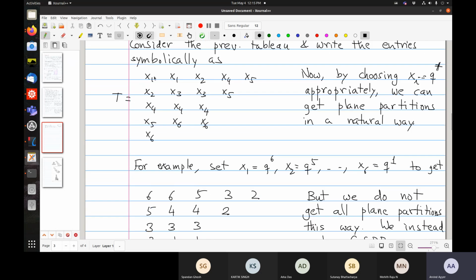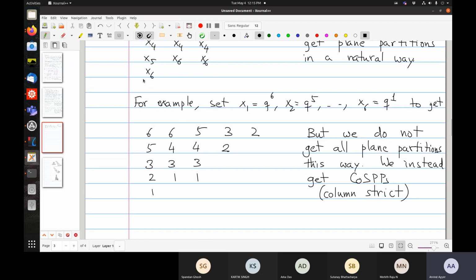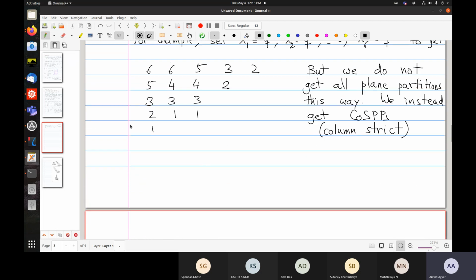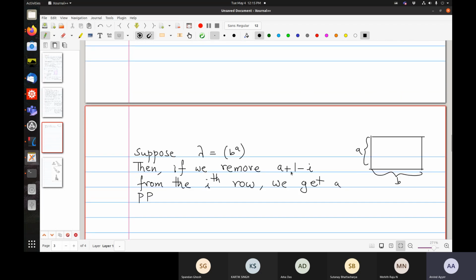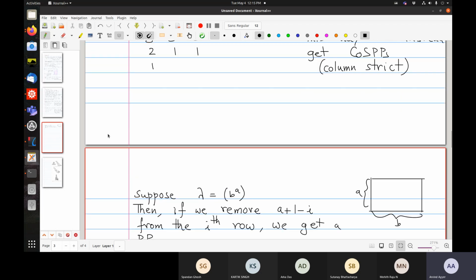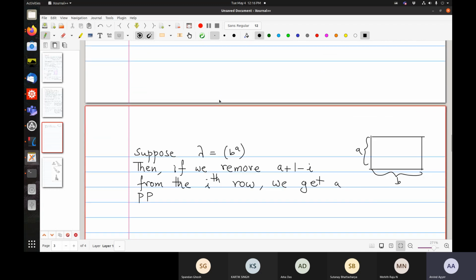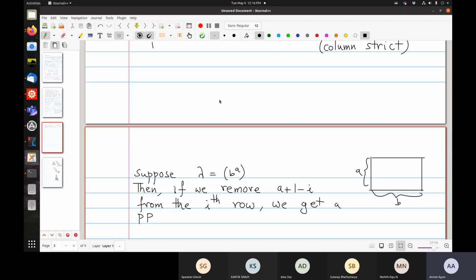So suppose we are looking at a semi-standard tableau of a rectangular shape like so, and you remove 1 from the Ath row, 2 from the A minus 1th row, and so on, all the way up to A from the first row.